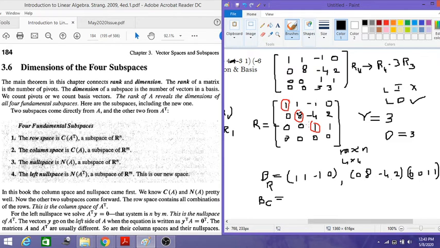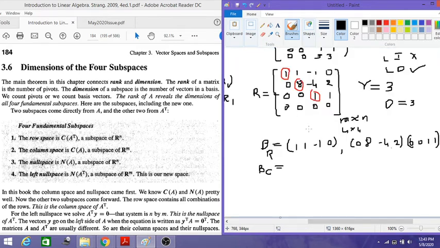If I write this in a complete reduced form, then I'll get here 1. Before that, let me divide this by 8, so I'll get here 1 by 2, and this is 1 by 4, and this is 0 0 1 1, and the last row is anyway 0 0 0 0.